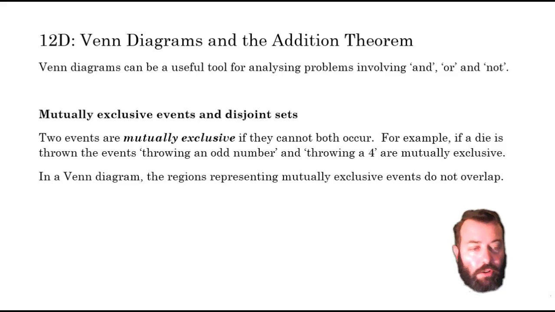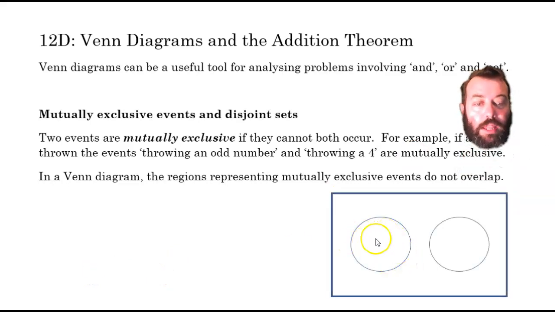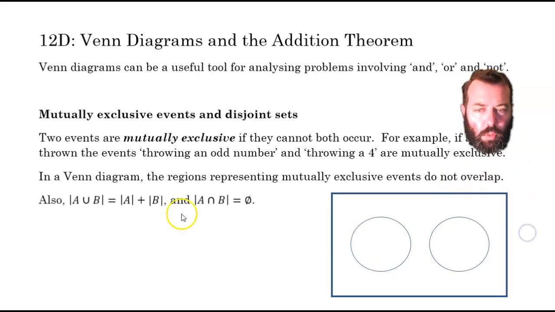On a Venn diagram, mutually exclusive events don't overlap at all. So they'll sort of look like that perhaps. And also we could infer that the size of the union of two disjoint sets is equal to the size of one plus the size of the other.